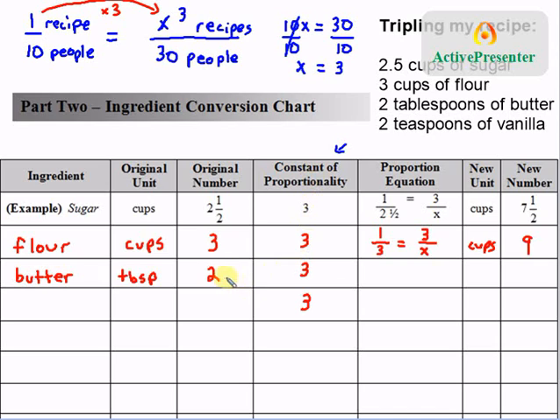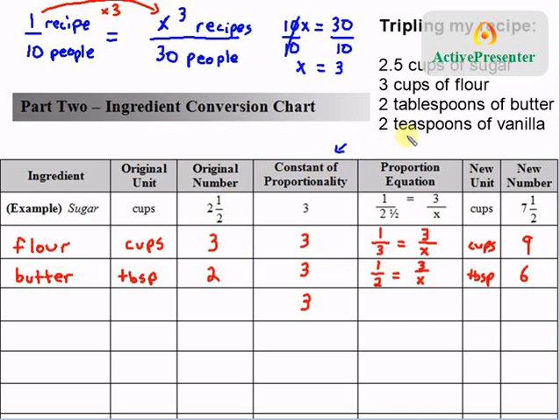Again, we know we're going to multiply 2 times 3 to get 6, but let's set up our proportion, because that's what we're told to do. One recipe is 2 tablespoons of butter. 3 recipes will be how many tablespoons of butter? We multiply 1 times x, which gives us x. X is equal to 2 times 3, 6. We have 6 tablespoons of butter.